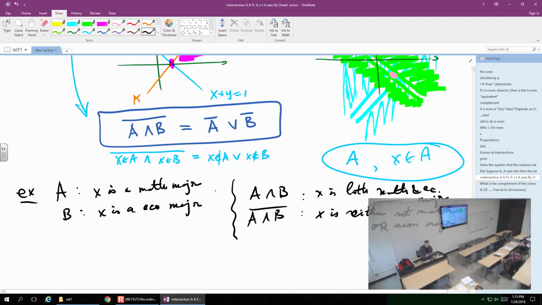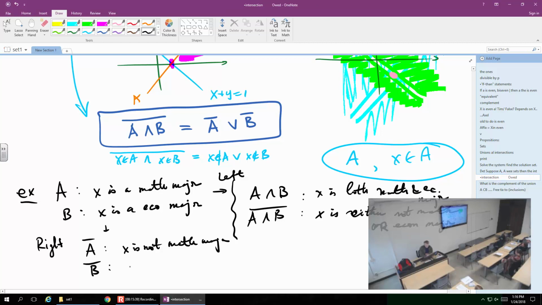So that's the left-hand side, and now I proceed to the right-hand side of our equation. Then I have not A is x is not a math major, and not B is x is not an economics major.